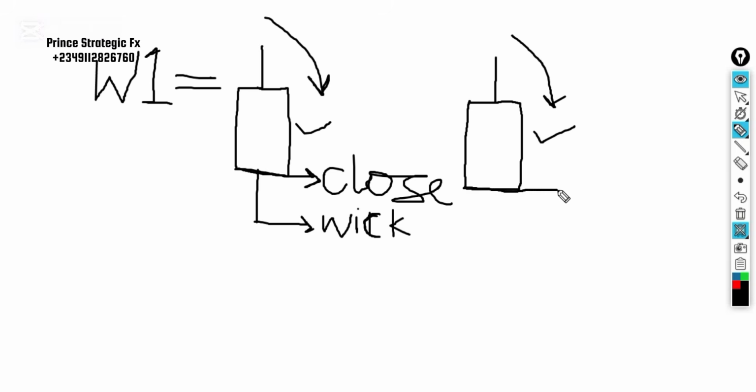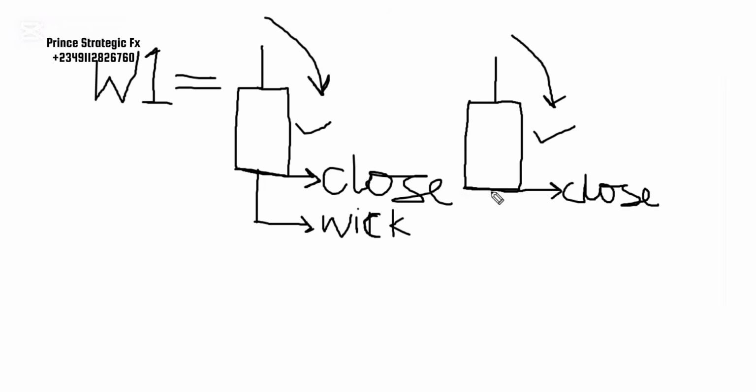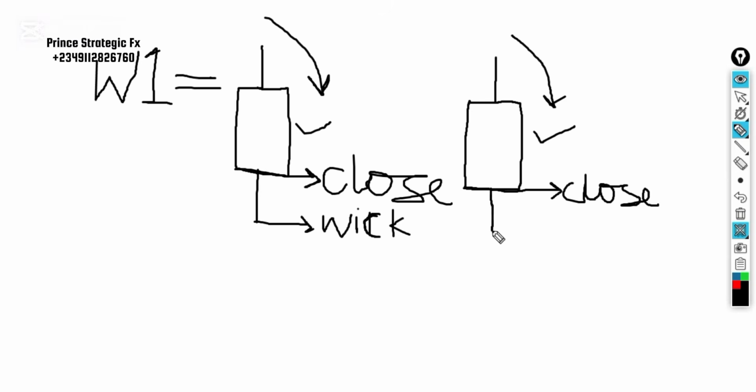That's the only thing that you need to pick here. You understand? Just the close is fine, that is if you don't have a week added to it. If you don't have a week added to it, then the only thing that you need here is just your close. So I'll just go ahead and take this out.